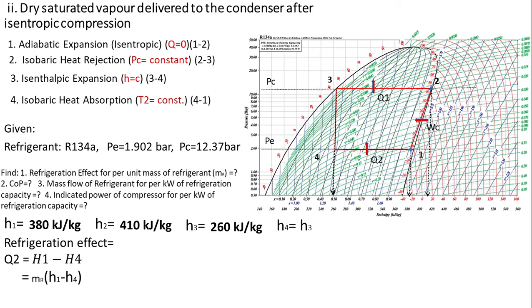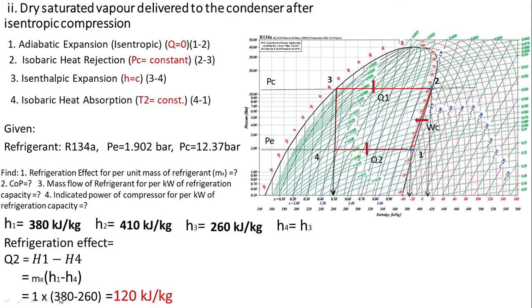Small q will show you the heat transfer per unit mass, capital Q will show you the total heat transfer. So here you can write mass of refrigerant multiplied by H1 minus H4. In the problem itself it is mentioned that you have to take per unit mass of refrigerant, which means 1 kg of refrigerant.